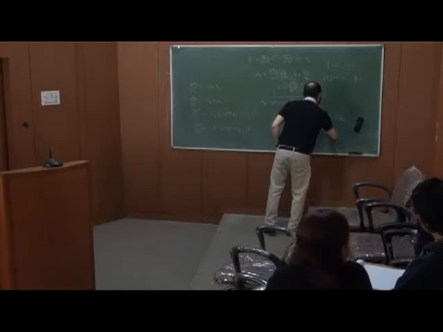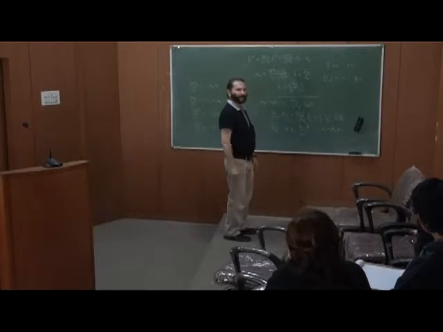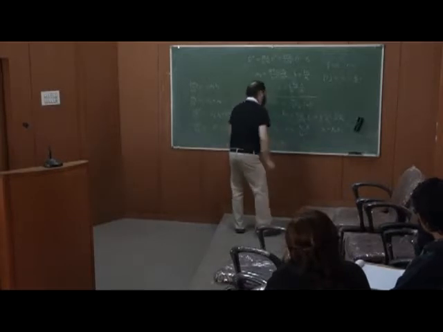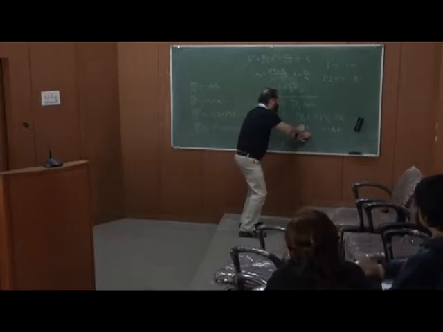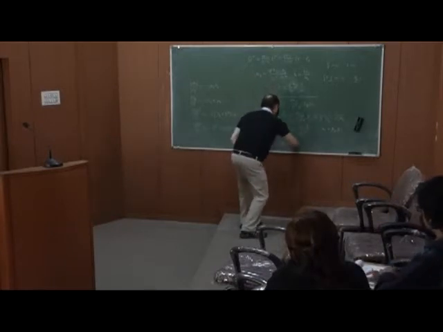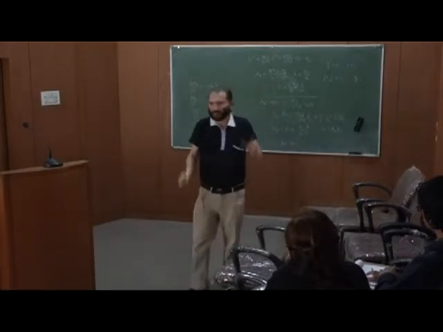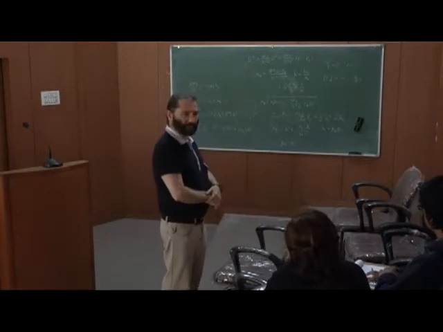Mu central is mu q0 at the origin. If r goes to 0, then these two cancel, and we have mu central. So this is one example of how we can construct this thing, right?